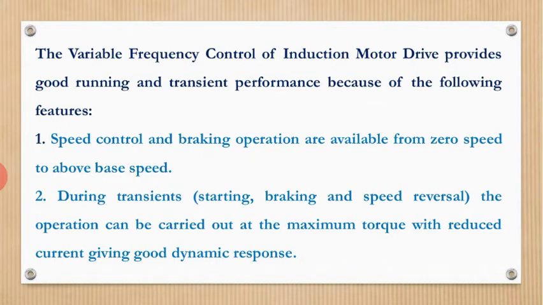Here we will list out the features of the V by F method. The variable frequency control of induction motor drive provides good running and transient performance because of the following features. The first one is speed control.